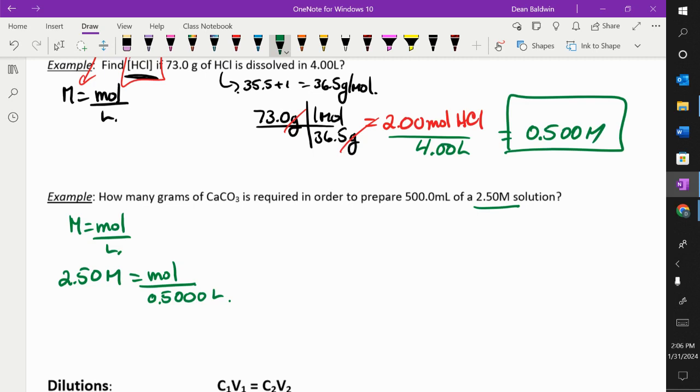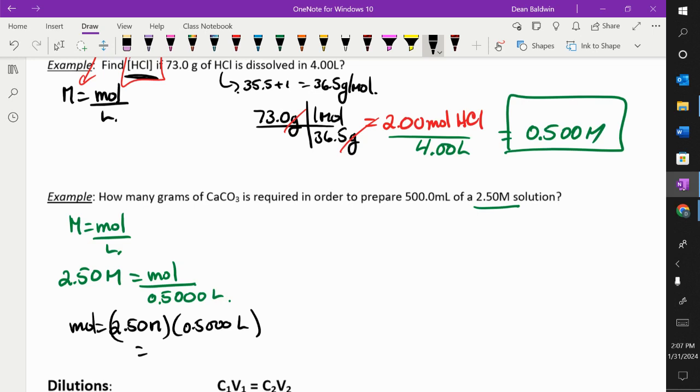Liters. How do I find out the number of moles? Multiply it up, right? Yeah. So moles is going to be, which gives me what does it give me? 1.25.